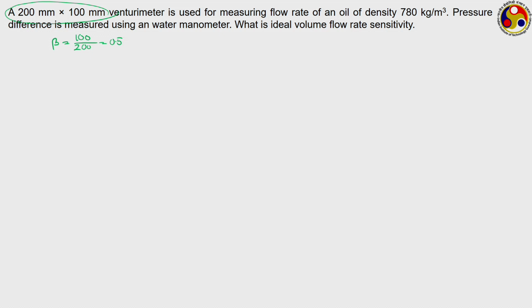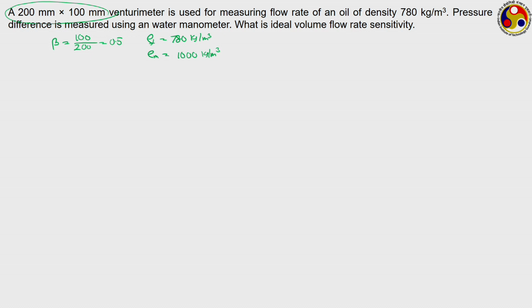Now, this venturimeter is measuring the flow rate of oil of density 780 kg per meter cube. Pressure difference is measured using a water manometer. So, here your working fluid density is 780 kg per meter cube, and the manometric fluid density is that of water, that is 1000 kg per meter cube.